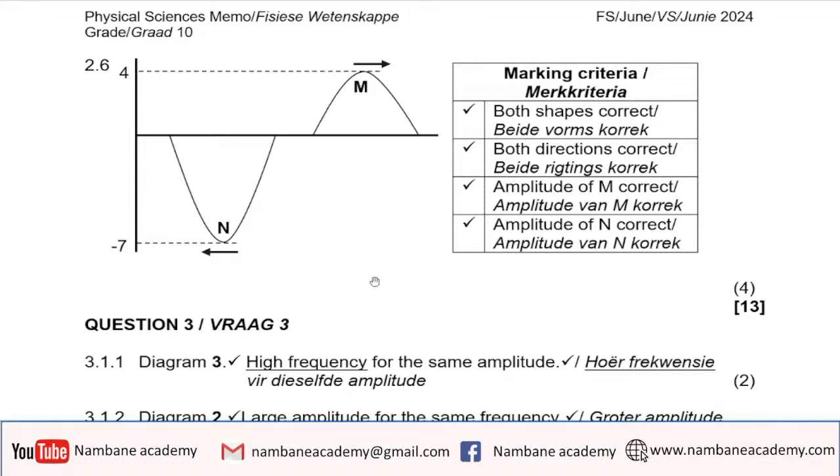It is going to be such a figure. For both shapes being correct, it is going to be 1 mark. For both directions indicated correctly, 1 mark. For the amplitude of M as 4, 1 mark. And then the amplitude of N as -7, 1 mark. Total for that question, it is 13.